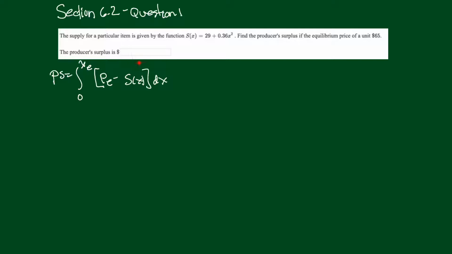Now what we're given right now, x sub e is one component of the equilibrium, right? The equilibrium point is x sub e, p sub e. We have the p sub e, right? That's over here. That's the $65. So we need to get x. Now remember that from what we saw earlier, the price is a function of the demand.